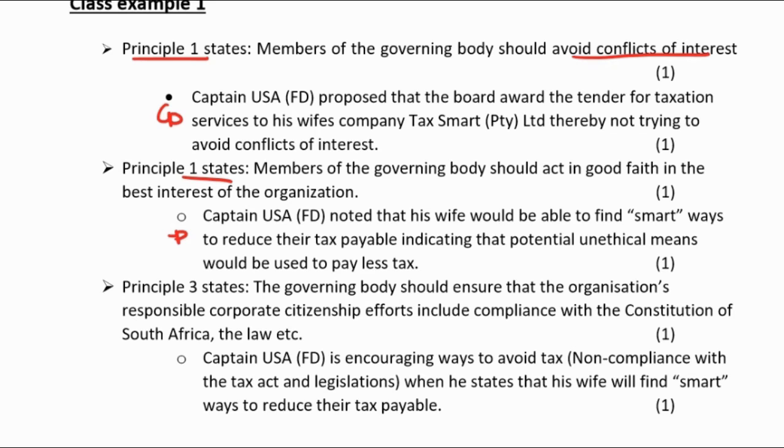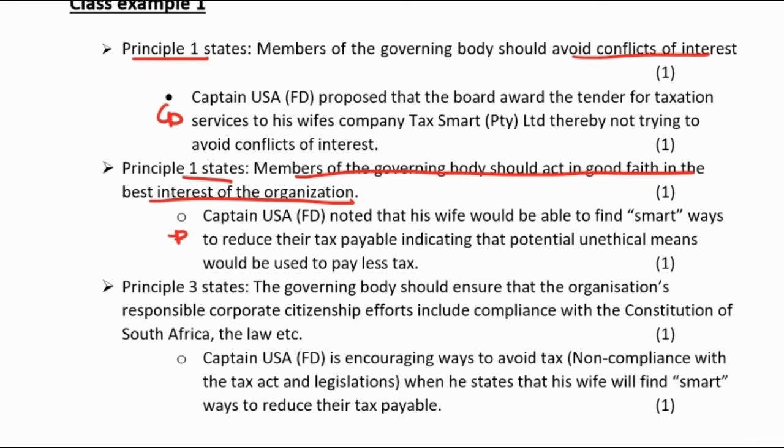Guys, this principle, you could have stated any of those principles in principle 1 or any of those practical examples in principle 1 that's indicating that you're acting unethically or that directors shouldn't be doing so. Okay, so I've just pulled the one that for me was most appropriate, but I would be comfortable with any of those.